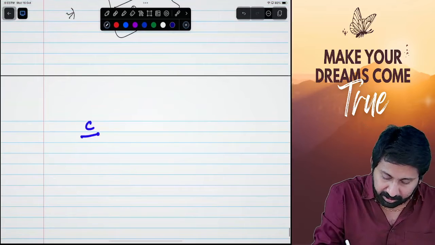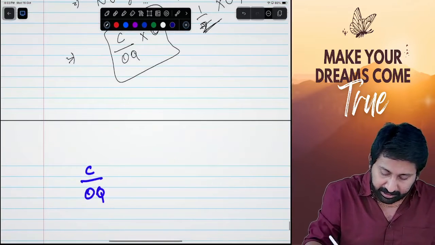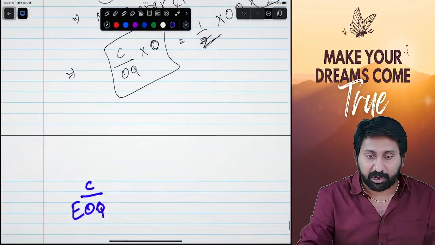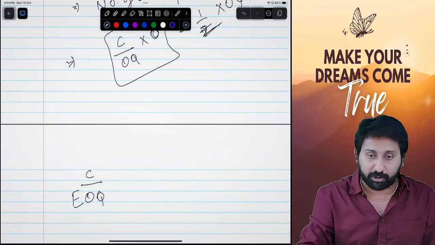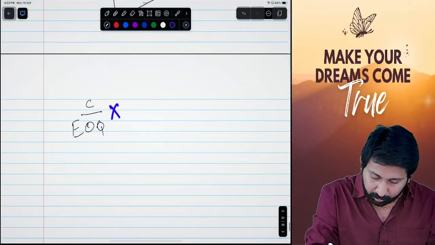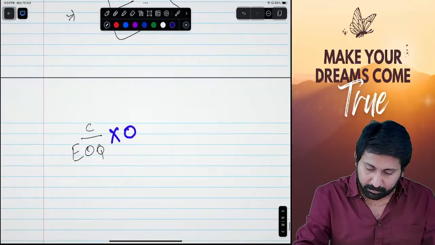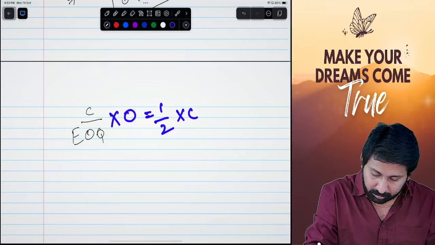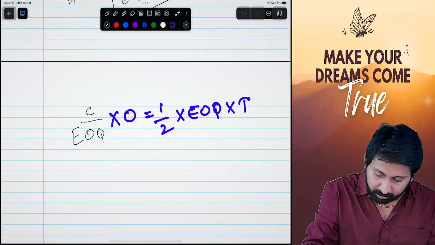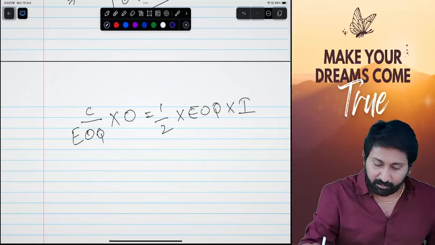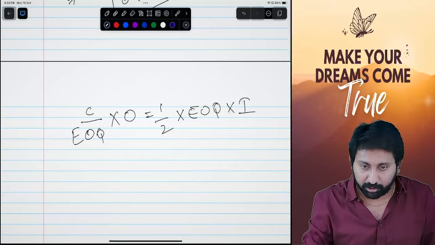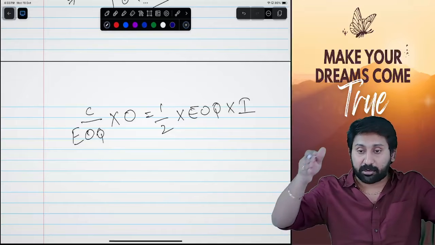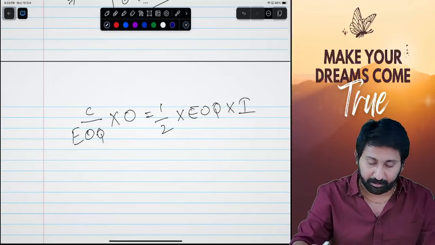Both should be equal at order quantity. At EOQ, the ordering cost and holding cost must be the same.